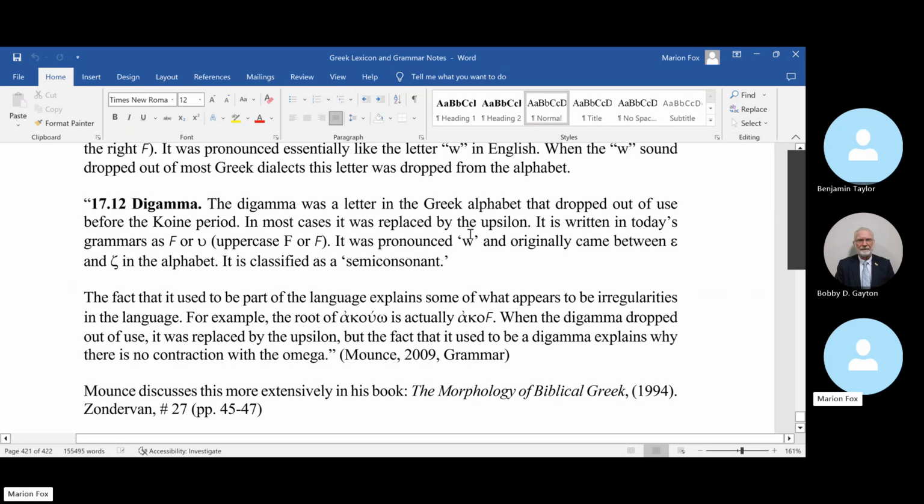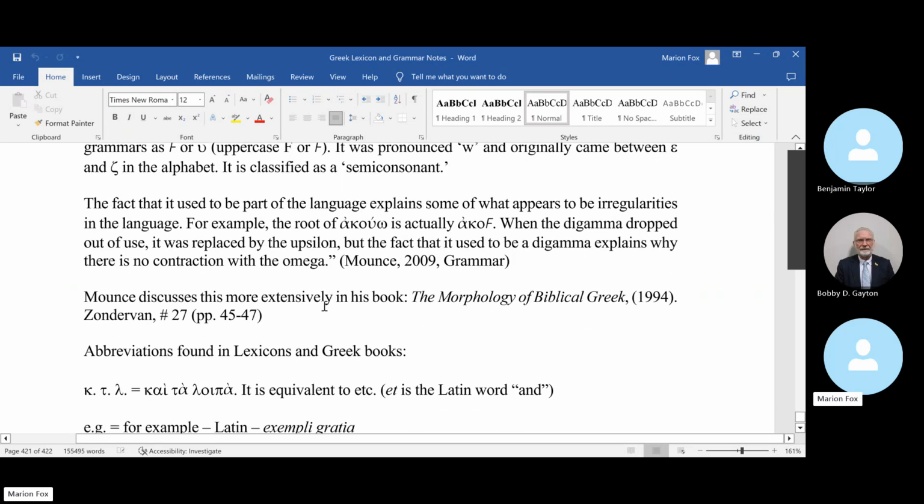Originally it came between the epsilon and the zeta in the alphabet, and it's called a semiconsonant. And the fact that it's part of the language, let's just take akouo, for example. The root for akouo is actually alpha, kappa, omicron, and then digamma.